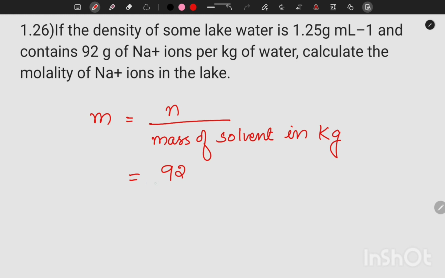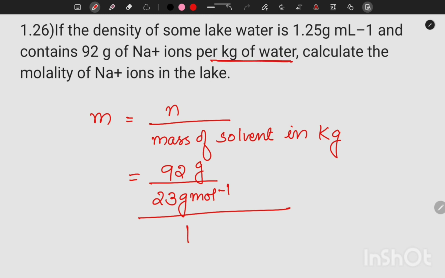So given mass is 92 and molar mass of sodium is 23 gram per mole, then divided by mass of the solvent in kilogram. Here it is per kilogram of water, so it's 1. When we simplify, we will get 4 mole kilogram raised to minus 1, because this is 1 kilogram.